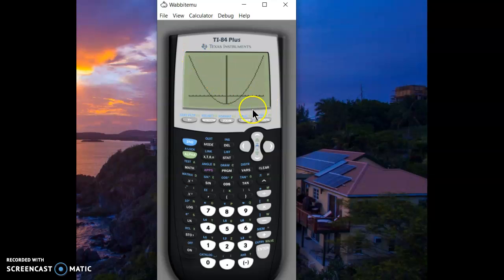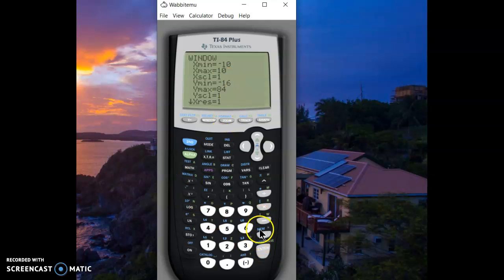And it certainly looks like I have all of the parabola, but my guess is my vertex is right there at the bottom of my window. And sure enough, my y min is -16. You always want to have your minimum or maximum clearly in your window.